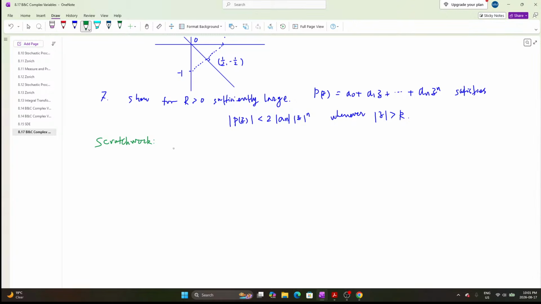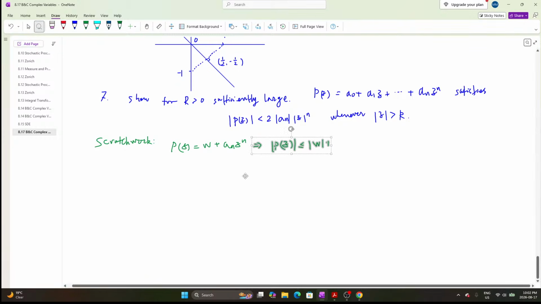Okay, so once again, let's try to group the contributions from the lower order term. So let's write p of z as w plus an z to the n, where w is the sum of the lower order terms.